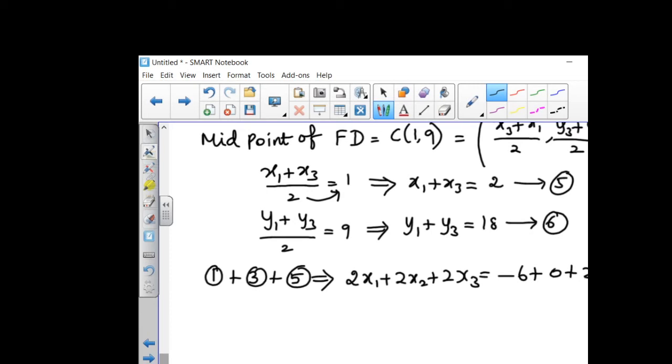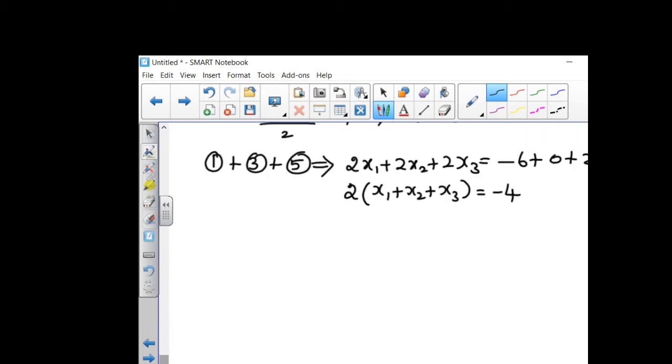Okay. So what do you get? If you take 2 outside, the remaining terms: x1 plus x2 plus x3 is equal to minus 4. Okay. Then if you divide it by 2, what do you get? x1 plus x2 plus x3 is equal to minus 2. Okay. This is equation number 7.